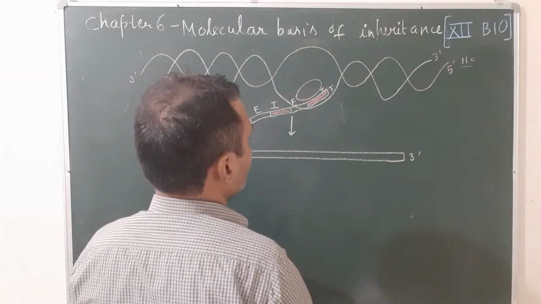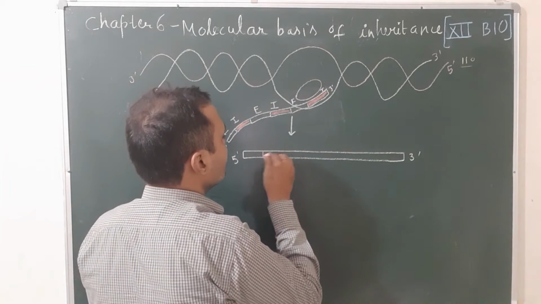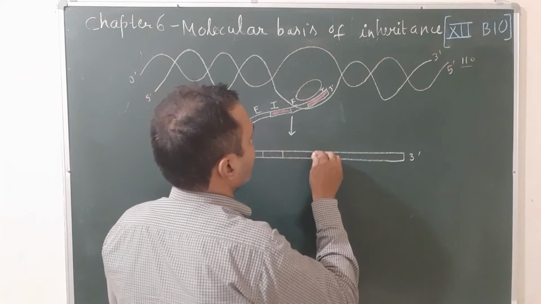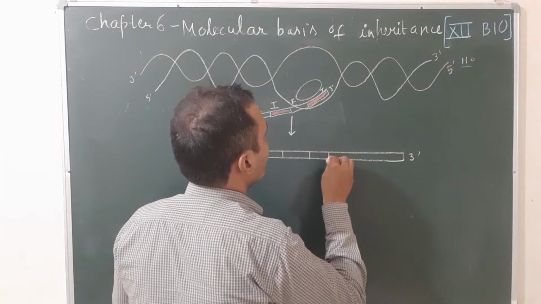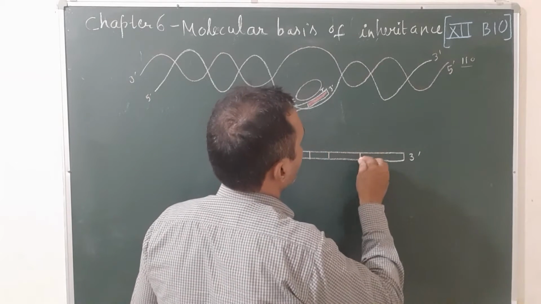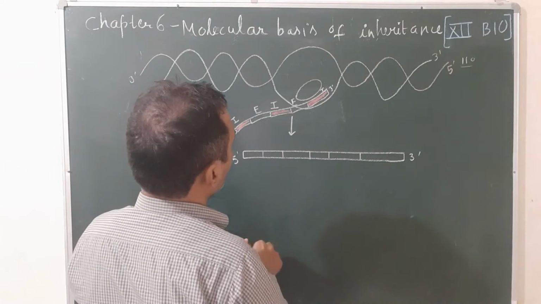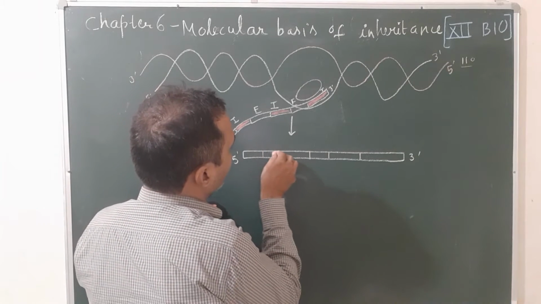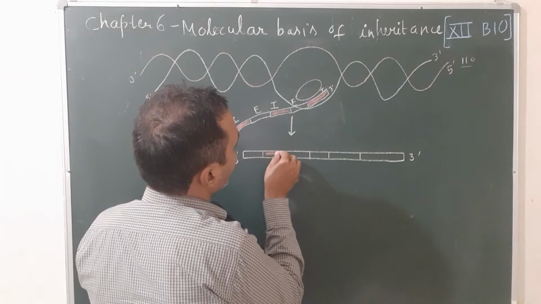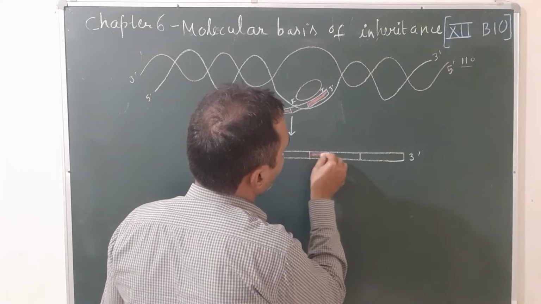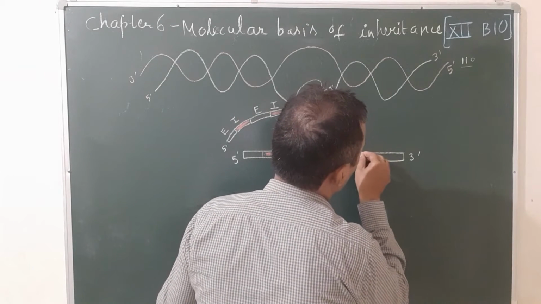So these are the intron regions. The red one represents the intron region. This is the intron, this is also intron, and this is also intron region.